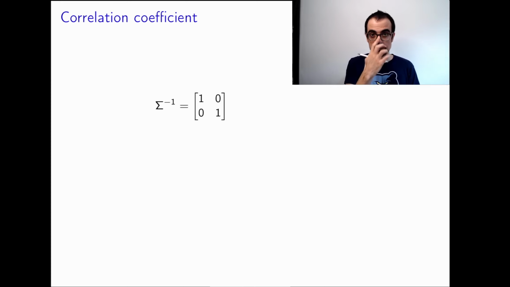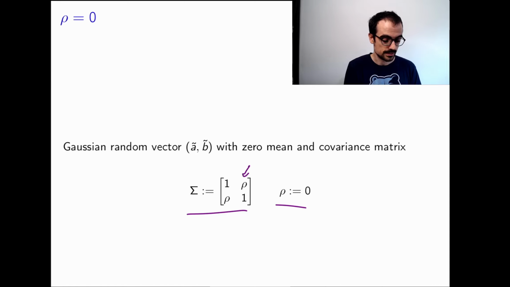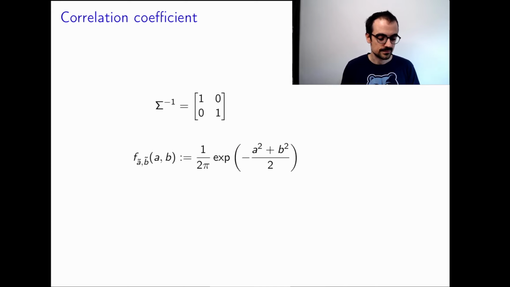The inverse of the covariance matrix is just equal to the identity, because here we're plugging in 0, so we get that the covariance matrix is the identity. Its inverse is also the identity. When we plug it into the expression for the joint PDF of the Gaussian random variables, we obtain this. And now there is no cross term, because the cross term was multiplied by the correlation coefficient, by the off diagonals of this inverse covariance matrix.